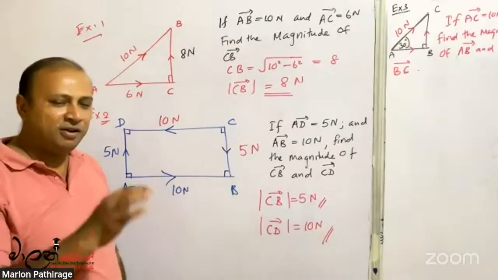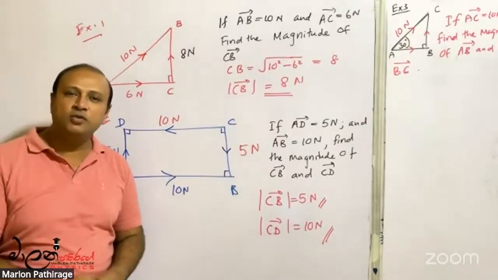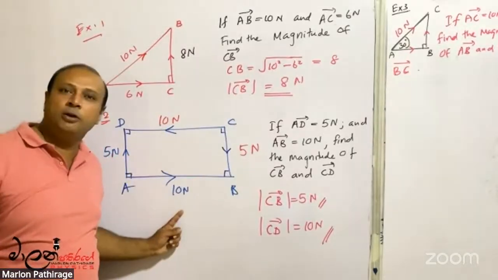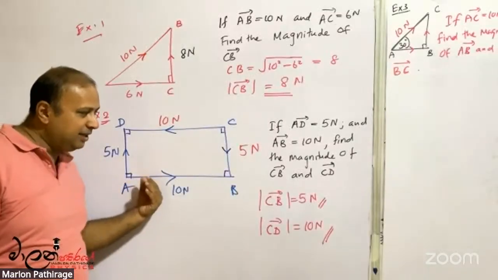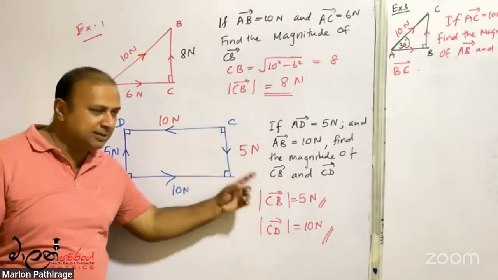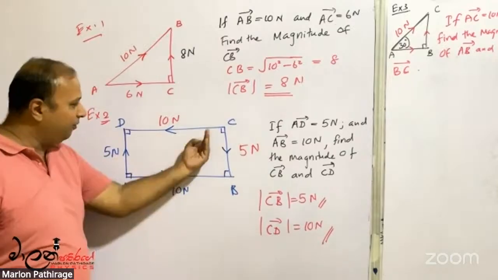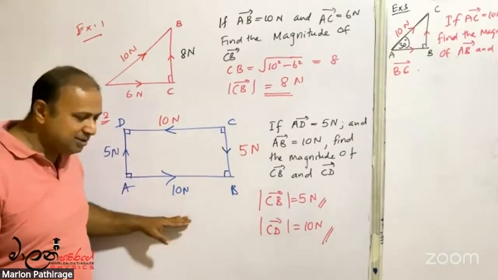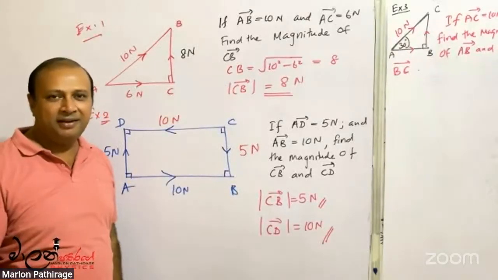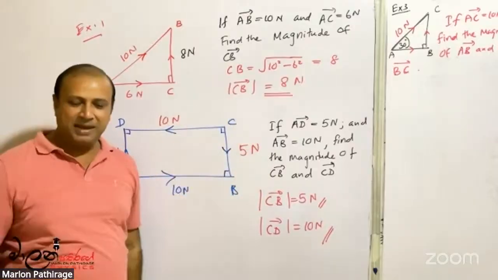Otherwise, how can you say this one is positive and this one is negative? If you consider this direction as positive, then this one is negative. This is relative to the direction you choose as positive.